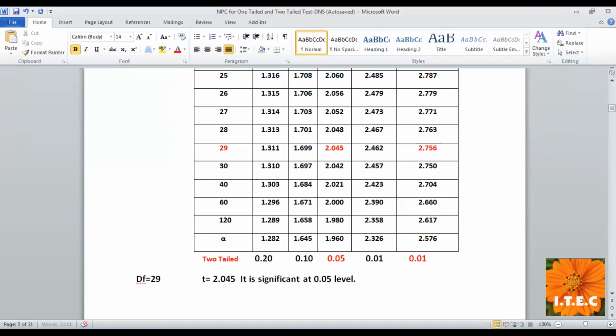What is the meaning? The meaning is the means differ significantly. And if the means differ significantly, then my null hypothesis is rejected.